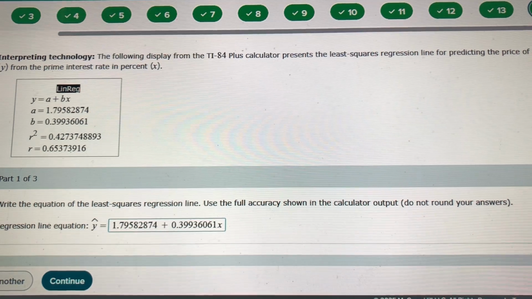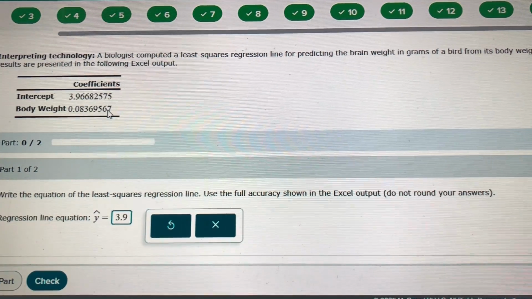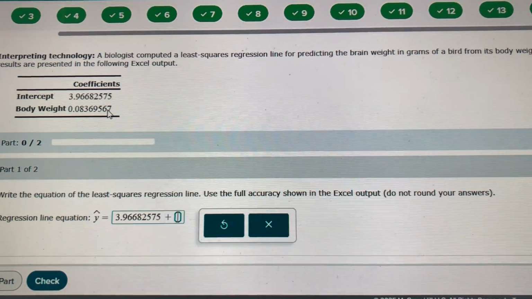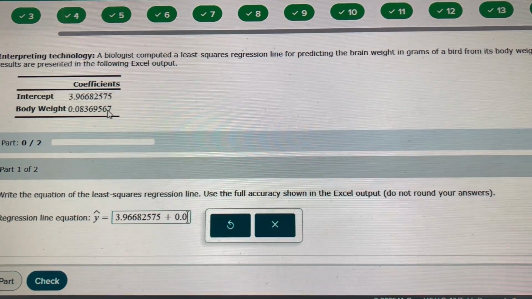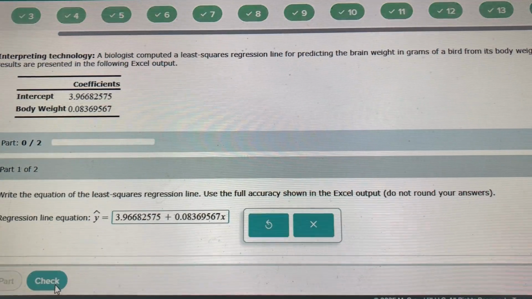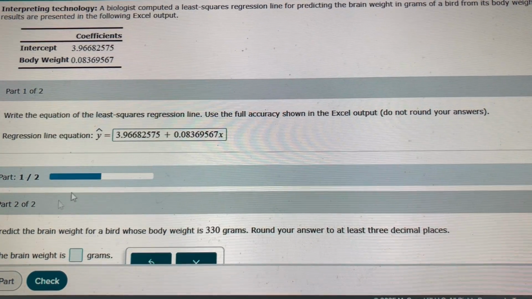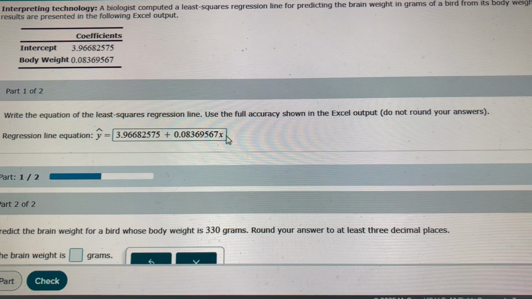Okay, and finally, I think this is another one of reading technology. The intercept is the y-intercept, and this is the slope. Remember, in the least squares line, you put the y-intercept first: 3.966825575, plus the slope, 0.0836957, and then an x. Predict. Whenever they ask you to predict, you use the whole equation and plug something in for x, usually the number they're giving you right here.